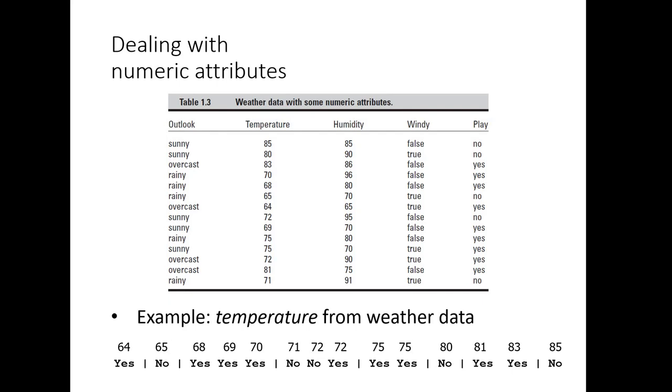We have 65 yes. 70 no. 70 yes. 70 yes. 75 yes. 80 yes. 80 yes. 85 no. 86 yes. 90 no. 90 yes. 91 no. 95 no. 96 yes.